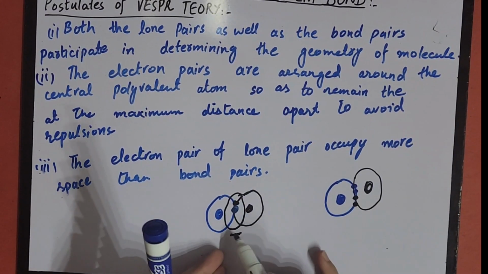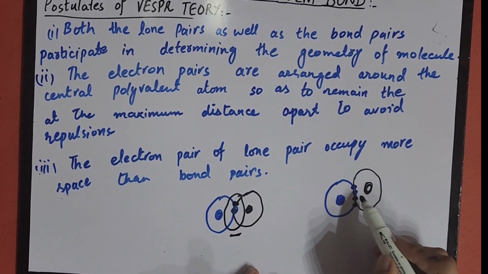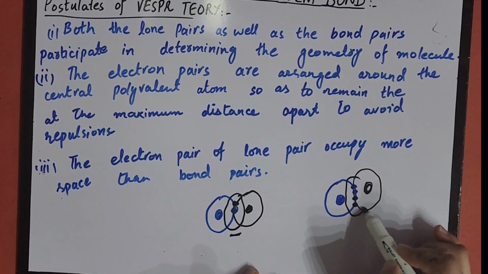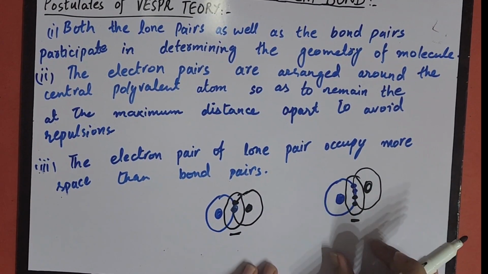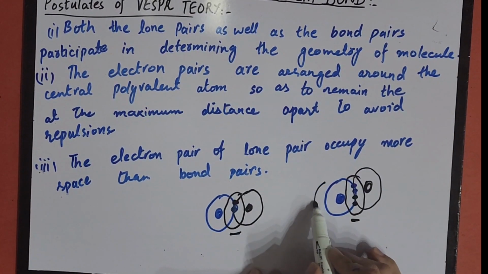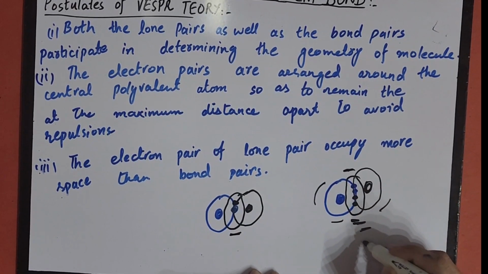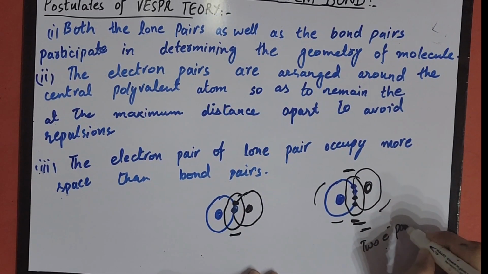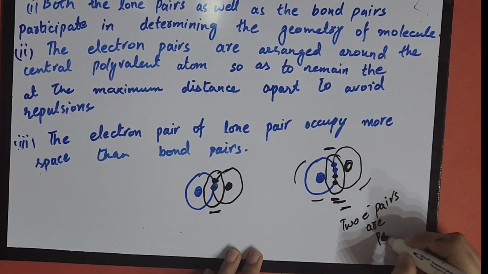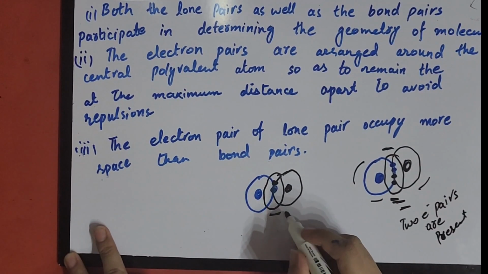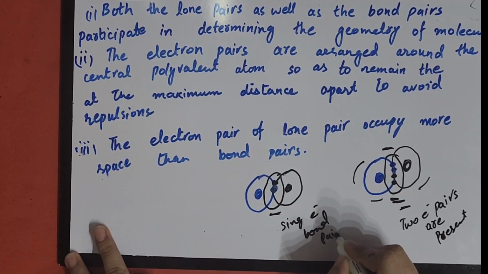If it has 2 or 3 bond pairs, the same area is present to occupy by these bonded pairs. They cannot move to occupy other areas. So there is a specific area in this case where 2 electron pairs are present, and here the single bond pair is present.